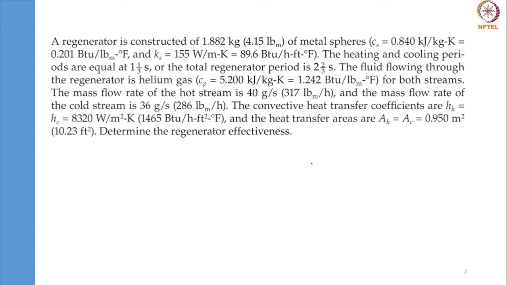It's coming around 0.9. So C min by C max, that is the heat capacity ratio, comes out to be 0.9. So it is not a balanced flow. If it were a balanced flow, the C min and C max would be the same. So for a non-balanced flow, we are going to use a different kind of approach than the conventional, straightforward one.